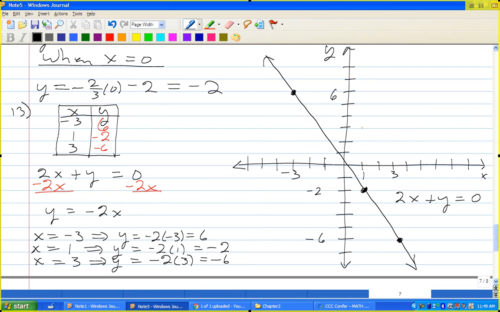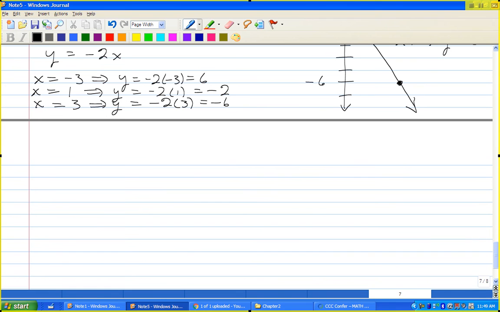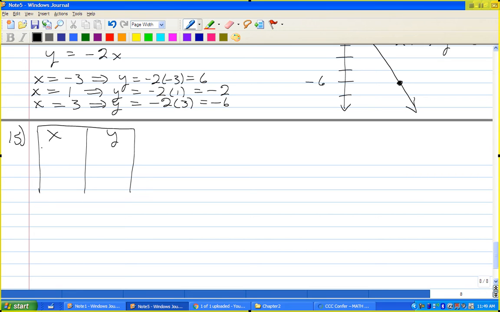Okay, let me do problem number 15. So 15, I have 0, 5, negative 5.